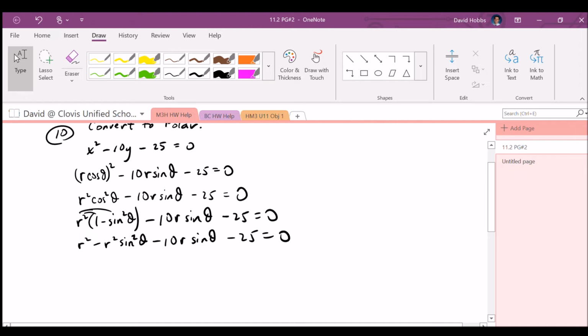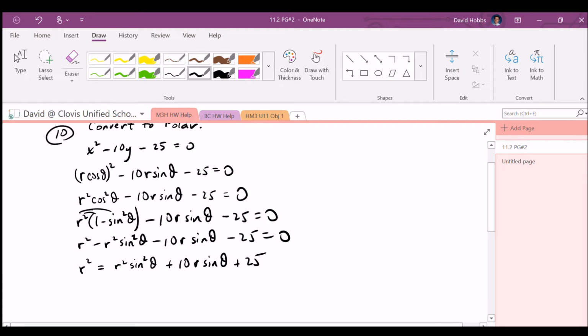Okay, so now that I've got the sine squared and the sine, I think I'm going to get them on one side of the equation. And so r squared equals, and if I move them, all the signs are going to change. So all these negative things are going to become positive. So r squared sine squared theta plus 10r sine theta plus 25.